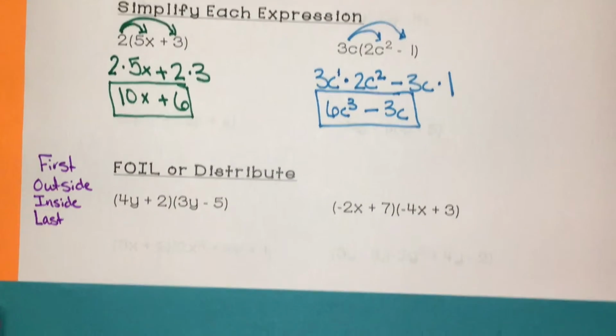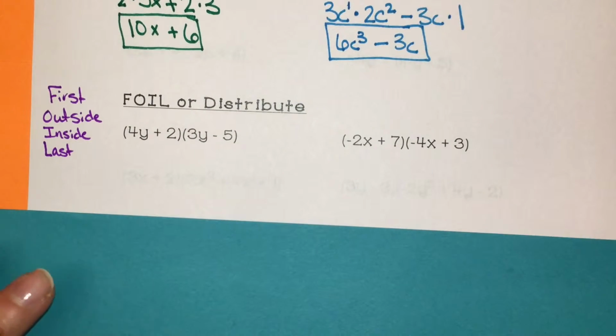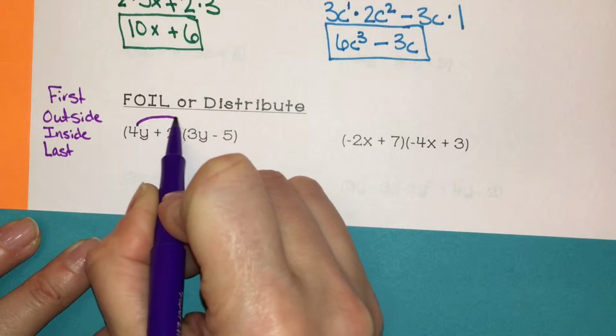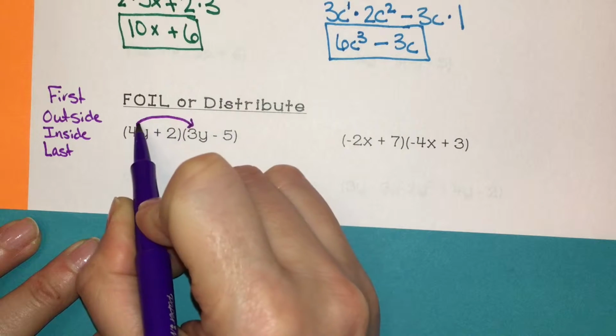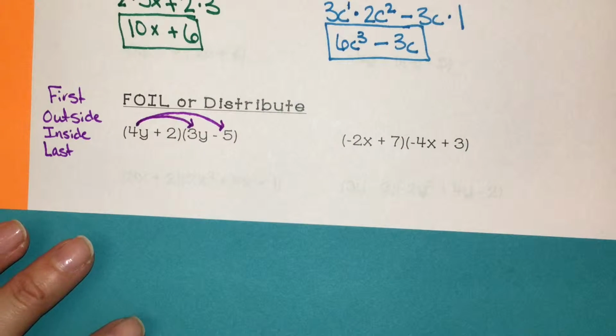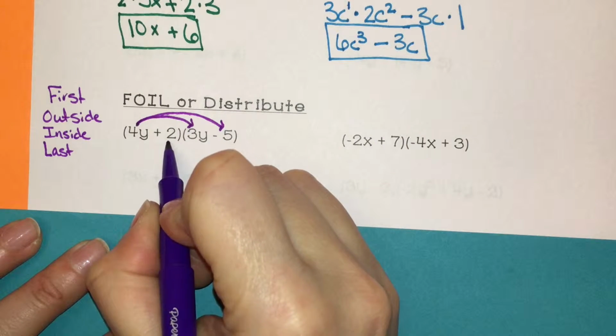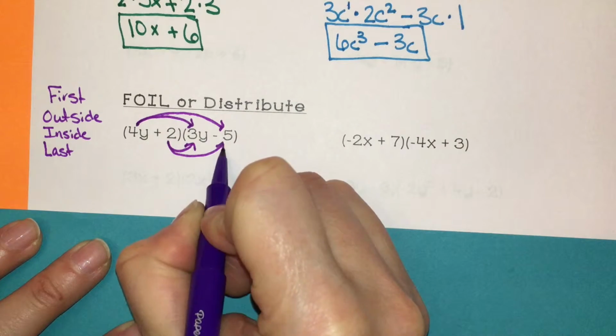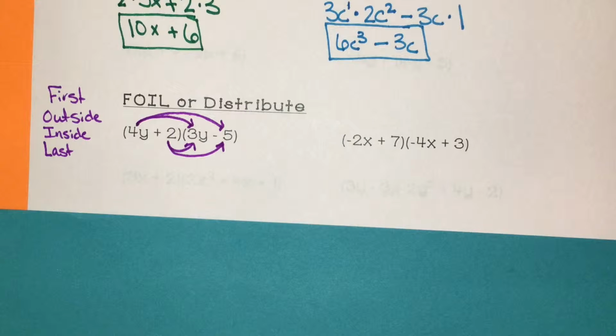Okay, so it's called FOIL, but it's basically you're just distributing. Start by taking that first term inside the first parenthesis, distribute it and multiply it by each term in the second parenthesis. And then you take that second term in the first parenthesis and distribute it by multiplying it by each term in that second parenthesis.